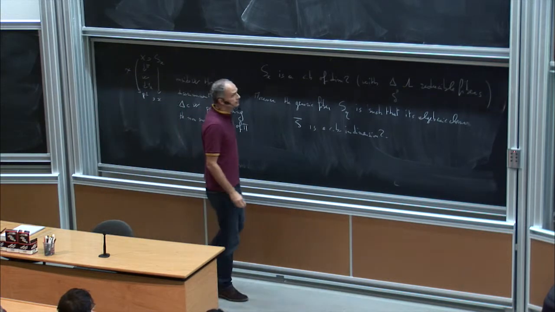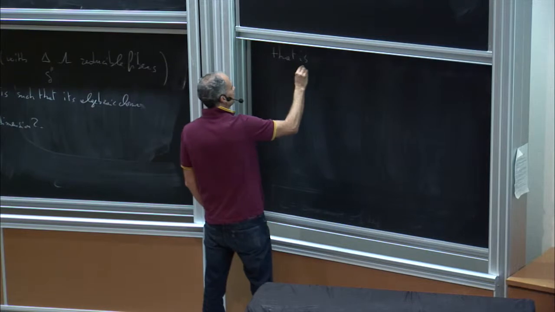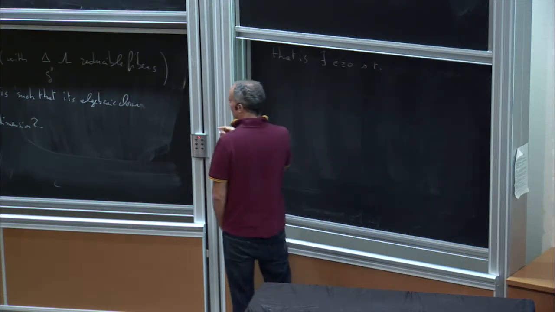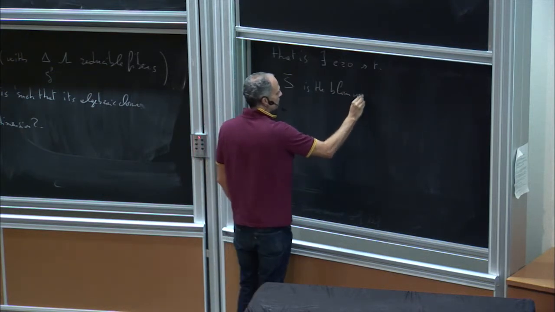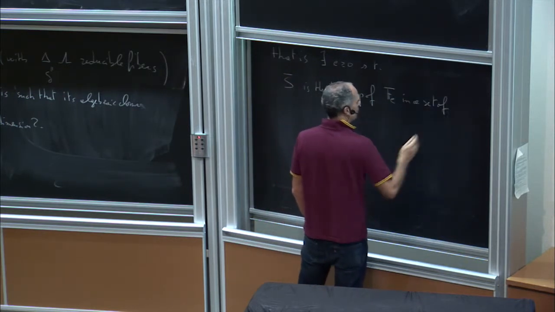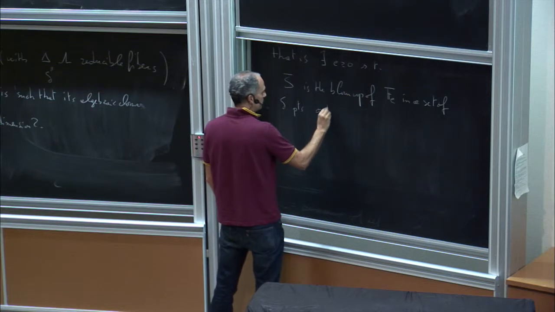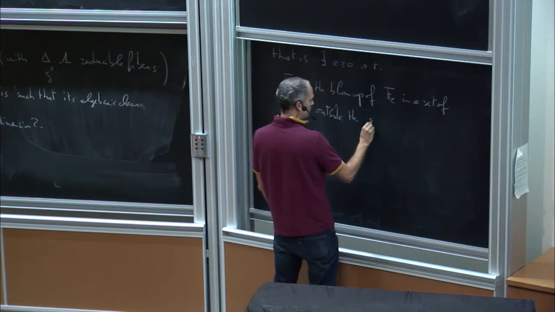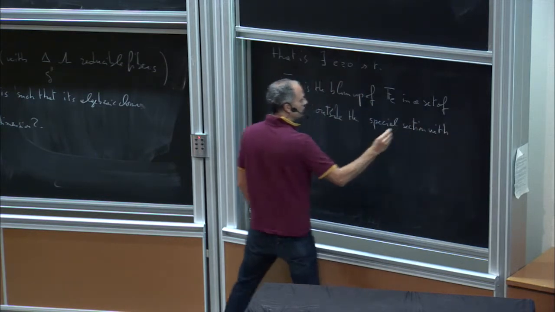And what does this mean? That is, there exists an e, non-negative, such that our S bar is the blow-up of Fe in a set of delta points outside the special section with a negative self-intersection.